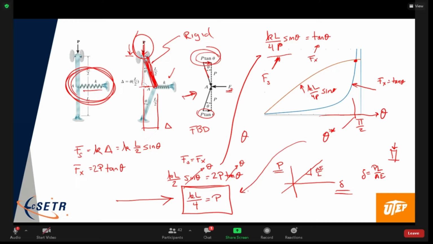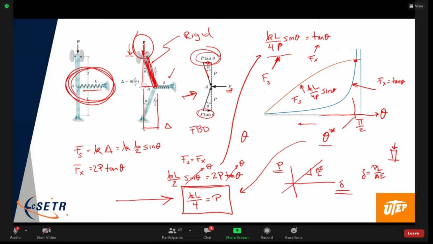But it can only exist at a particular force, P. Now, if we consider deflections less than this equilibrium theta, so when we had the buckled column, we haven't gotten the load up to that value. What happens here?